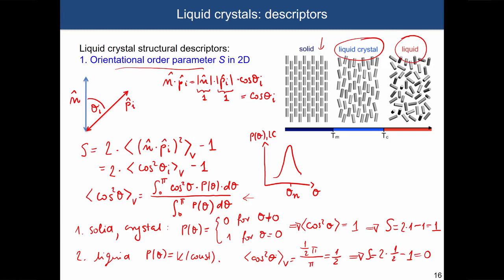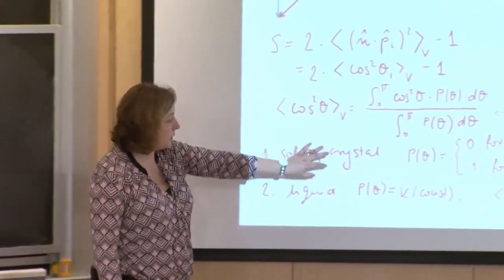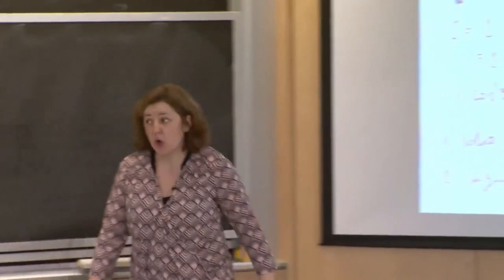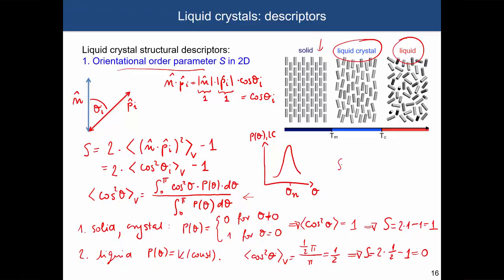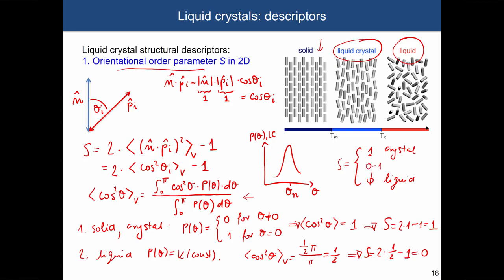So what we just calculated is that if you define the order parameter in this particular way, it has 2 very distinct values or magnitudes for the crystalline material and for the liquid. So for the solid, for the crystalline material, S will be equal to 1. For liquid it will be 0. And for liquid crystalline materials, it can have any value in between. So if the order parameter is between 0 and 1, this is liquid crystal.